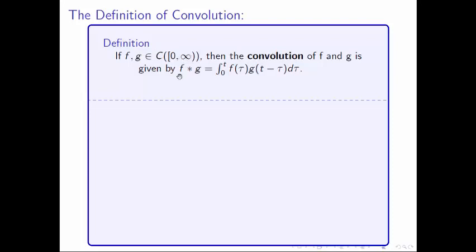If you have such an f and g, then we use this star operation, f star g, when f is convoluted with g, so we call this the convolution of f and g. This is defined to be the integral from 0 to t, where t is an independent variable, but the functions are in terms of tau, so f of tau times g of t minus tau.